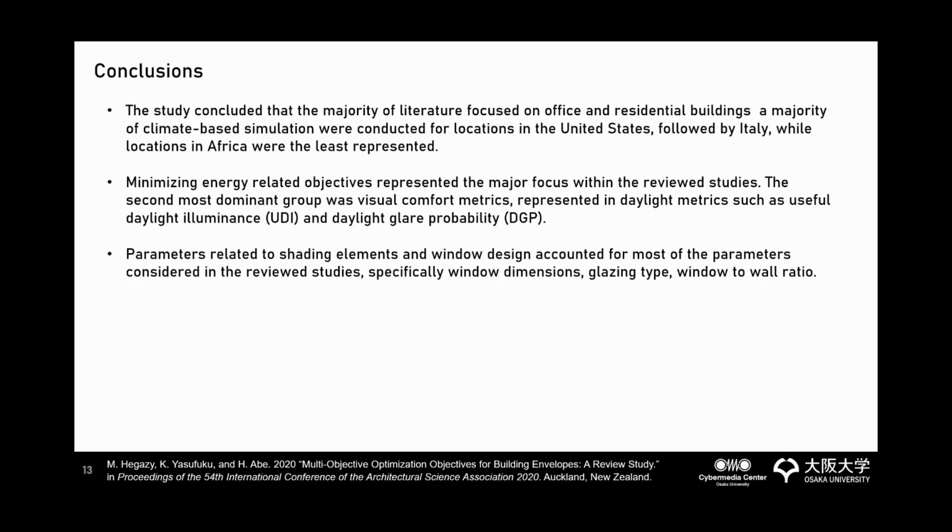Also, minimizing energy consumption comes as the top objective of the reviewed study, followed by visual comfort objectives represented in maximizing useful daylight illuminance UDI and minimizing daylight glare probability or DGP. And finally, the window shape and positioning parameters are the major variables found in the optimization processes investigated in the related literature.